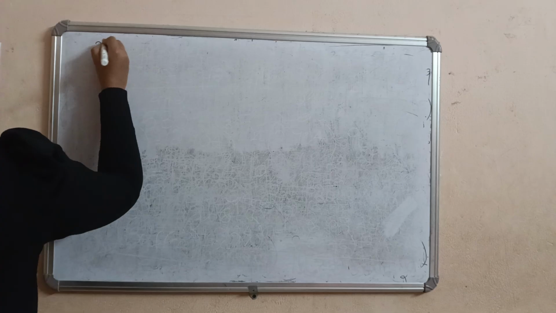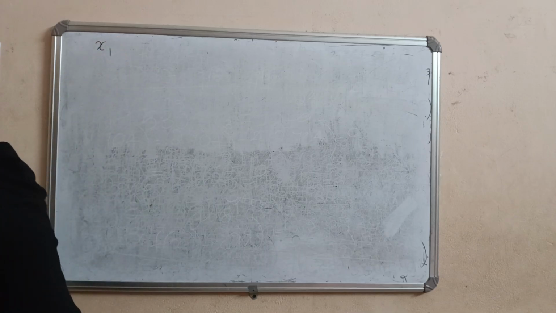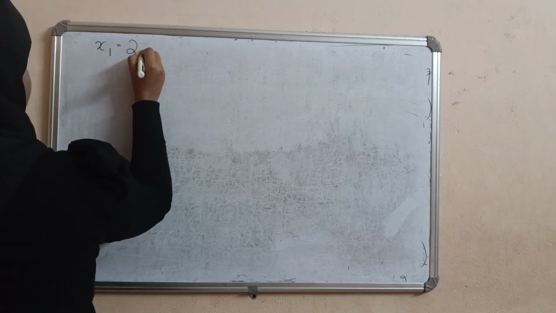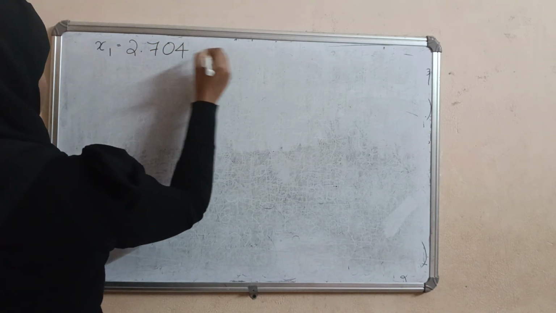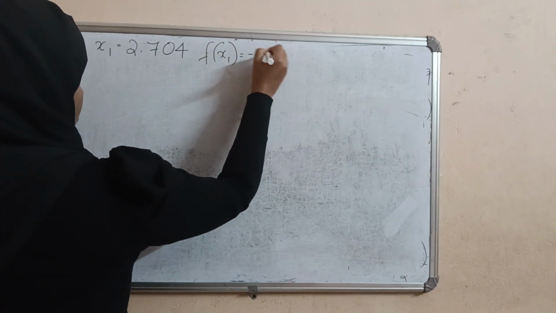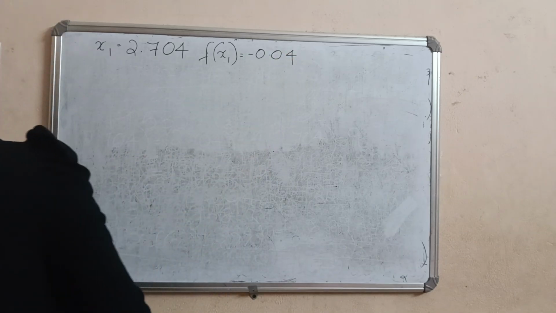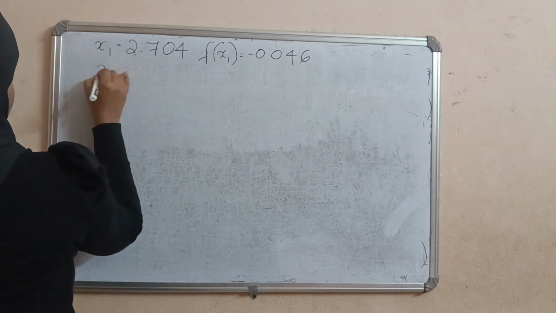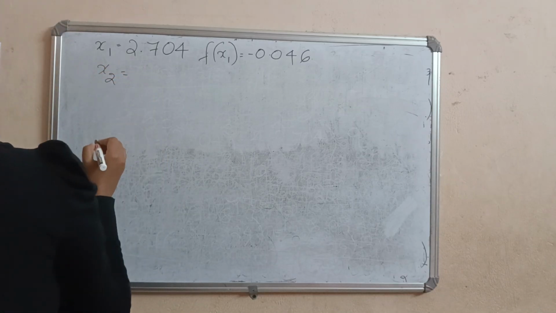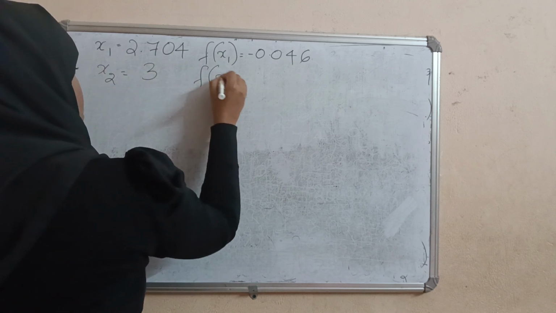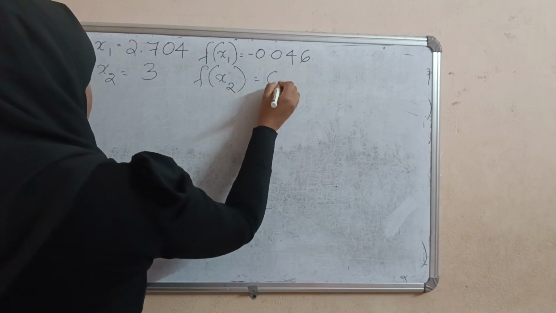Our new x1 value was 2.704, f of x1 is minus 0.046, and x2 value was 3 and f of x2 is equal to 6.